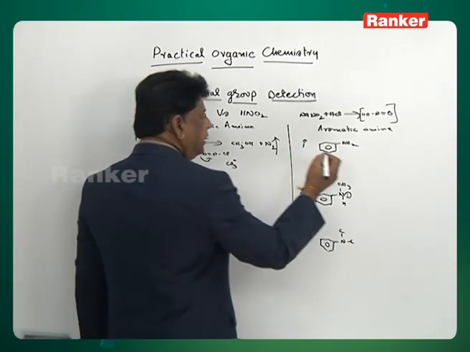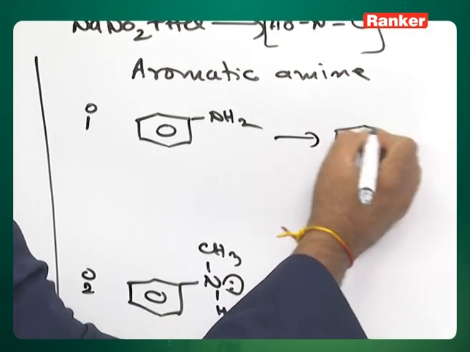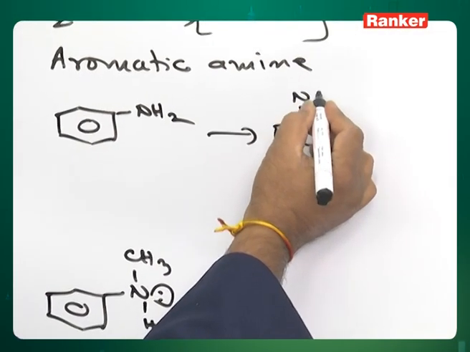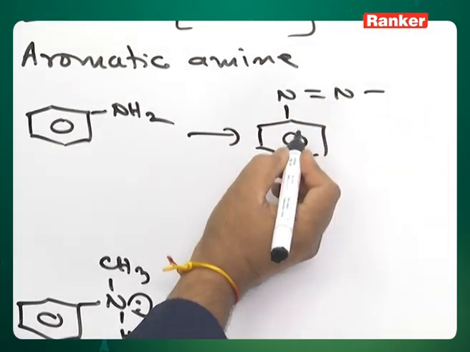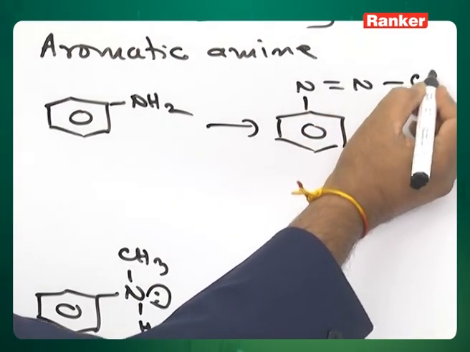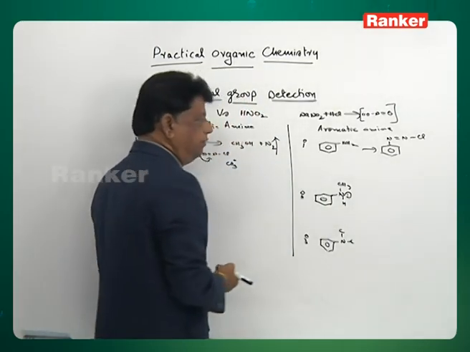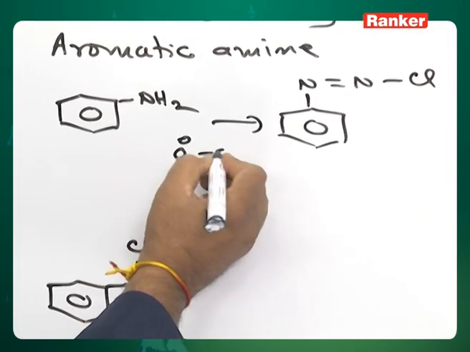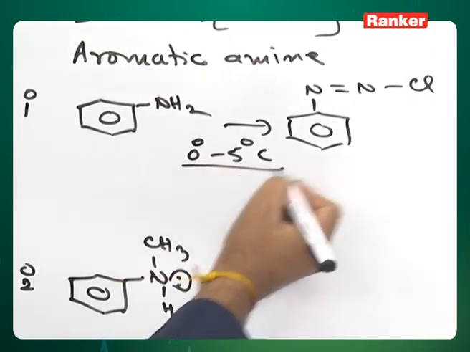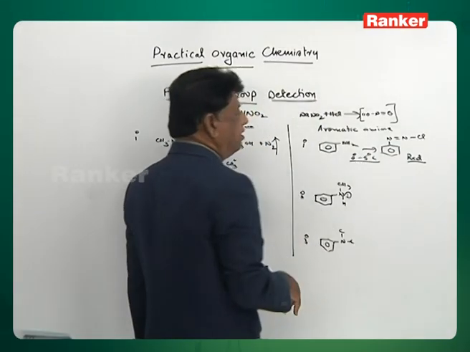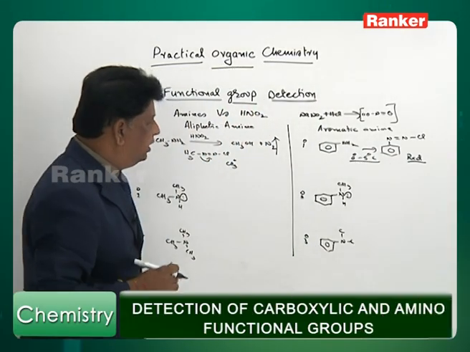Whereas in the aromatic case, it becomes a diazonium salt just like aliphatic, but the aromatic has one advantage. There is a double bond in the benzene, and the double bond in the NN gets resonance stabilized. Therefore, at a low temperature of 0 to 5 degrees centigrade, if you conduct the reaction, a red colored diazonium salt is formed, which will be retained for a longer time.